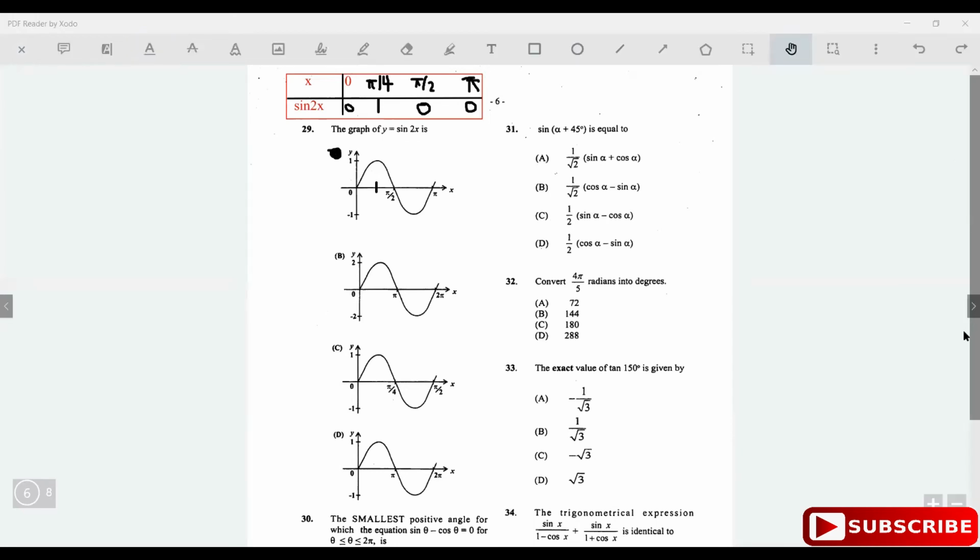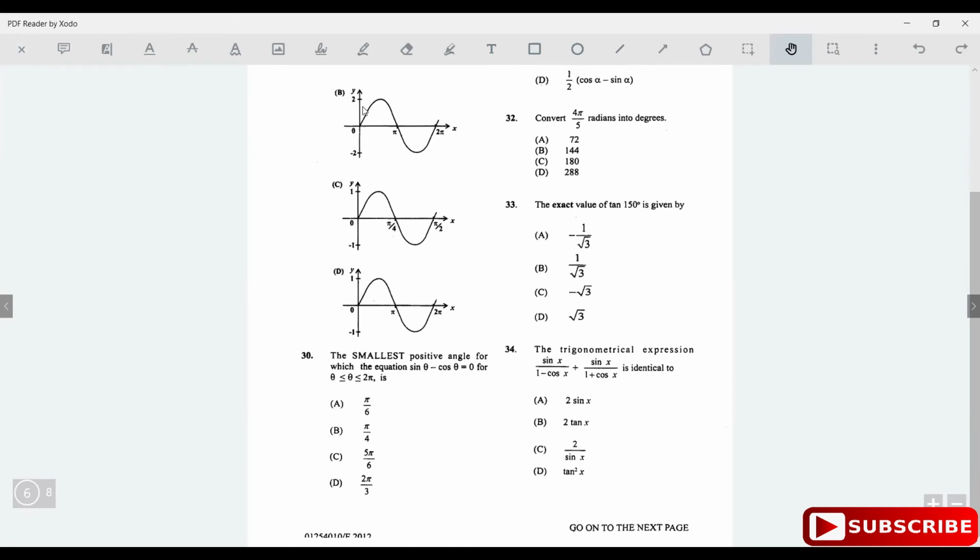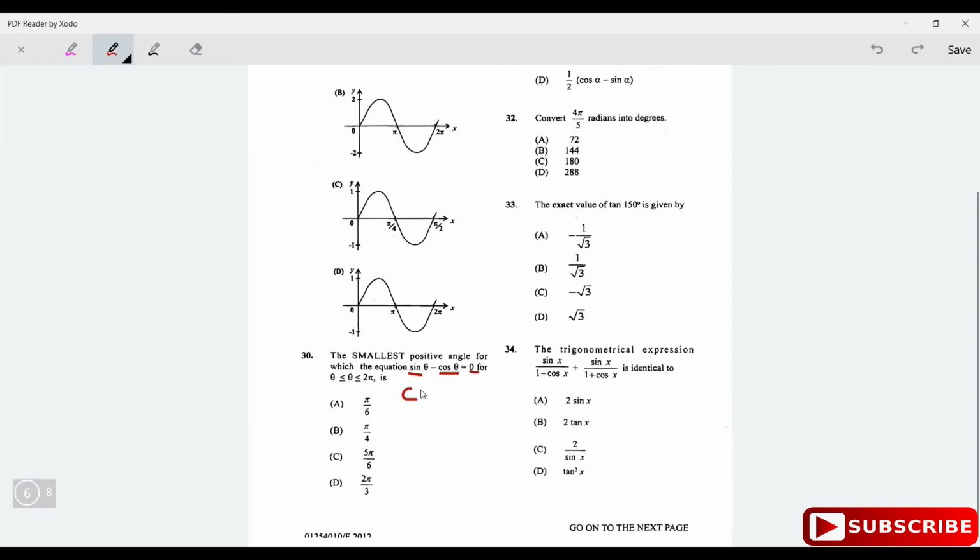Moving along. Question 30 says, find the smallest positive angle for which sine theta equals cos theta. All right, so we need to solve sine theta minus cos theta equals 0. Now what I would do is divide both sides by cos theta. Divide everything by cos theta.